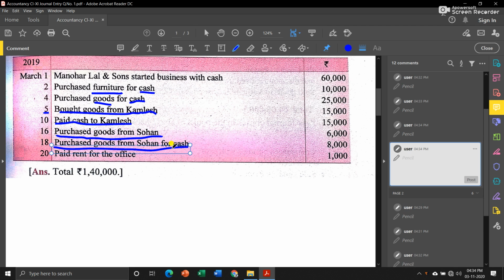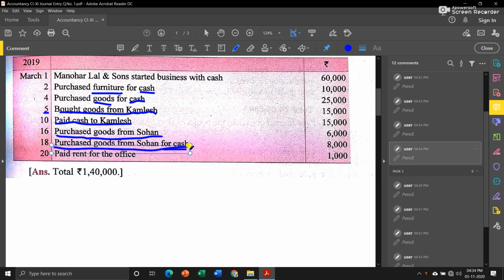Now let us see the next transaction, purchase goods from Sohan for cash. Now in this question they have particularly mentioned that goods were purchased for cash, so in that case we will consider purchases account and cash account. We will not take Sohan's account.